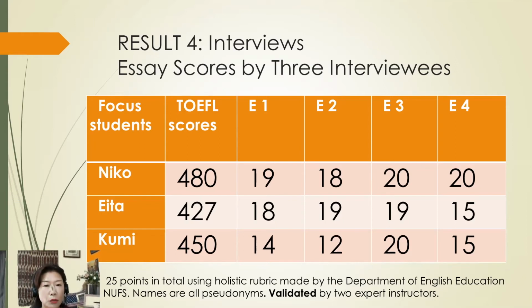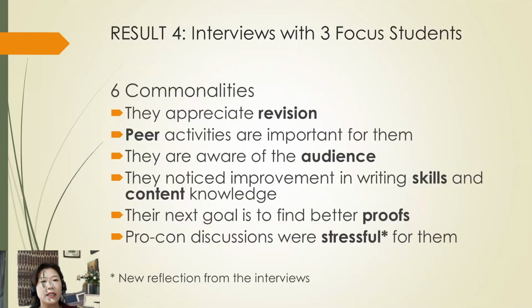And the essay scores that they gained were validated by 2 expert instructors in a different holistic rubric. As you can see, Nico showed constant performance. Eta had a drop in his essay 4, and Kumi's scores were fluctuating. So I had diverse interviewees.